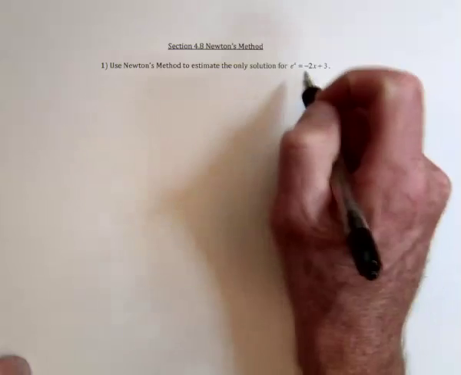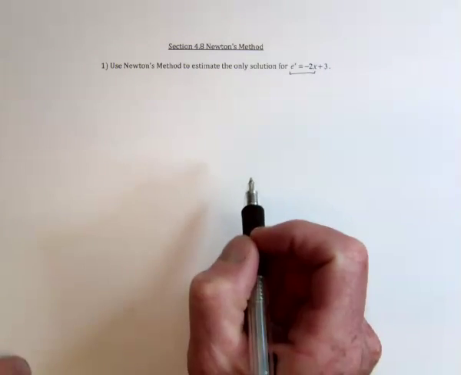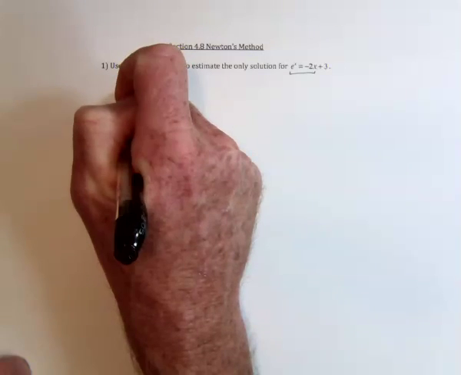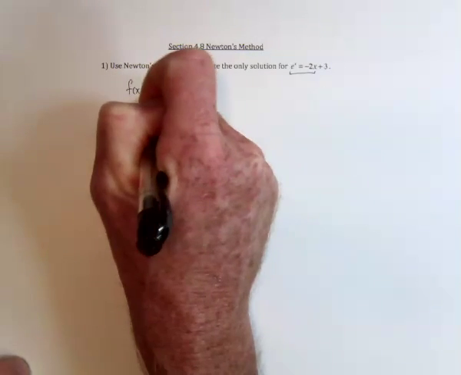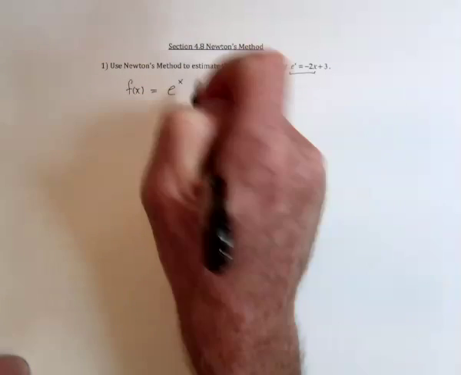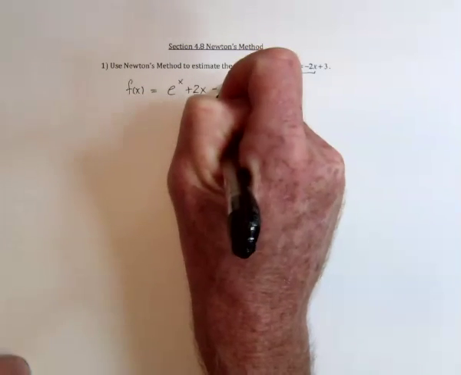With Newton's method, it's not supposed to be two functions, it's supposed to be one. So what I can do is subtract one to combine them. Let f of x equal e to the x plus 2x minus 3.